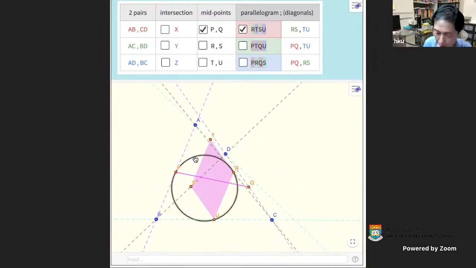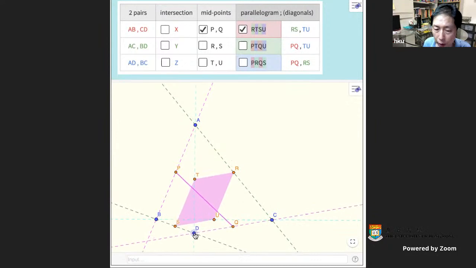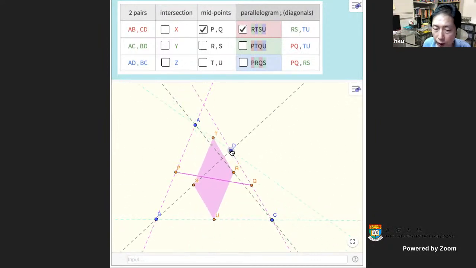Okay, now you may not readily notice why it is a parallelogram. Maybe I take out the circle. But this is actually based on what we know about the midpoint theorem. You can check that the sides of this parallelogram, RT and SU, are parallel to these 2 sides AB and CD.